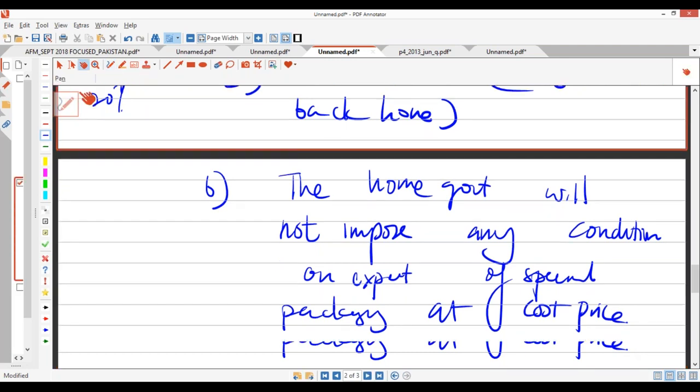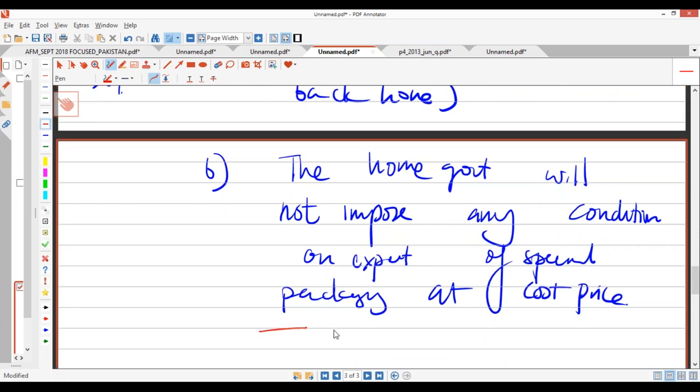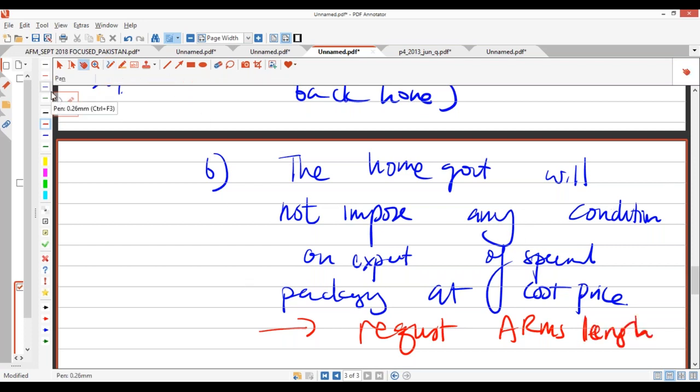Usually they will want to request an arm's length transaction. What length? Arm's length. Very good. Arm's length transaction. So these are the assumptions that I would write.